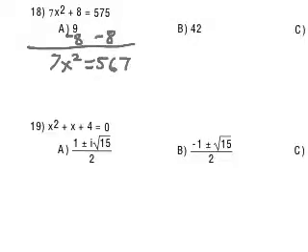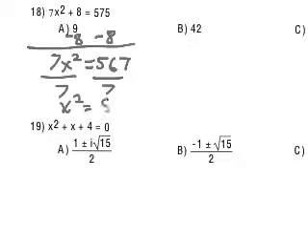Okay. And then we're going to divide by 7, and we get x squared equals 81. And take the square root of both sides, right? Take the square root of both sides and we get x equals 9 or negative 9.